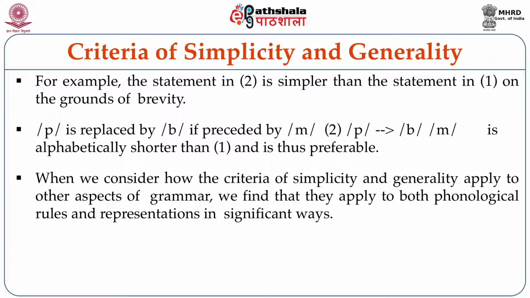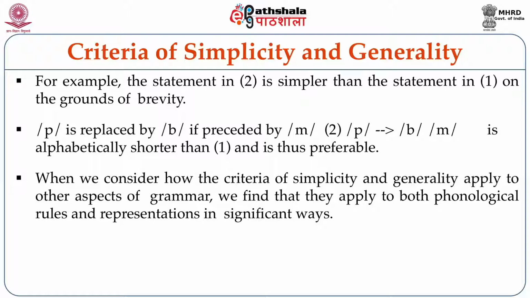For example, in a language in which we have front vowels and back vowels, all the rounded vowels occur among the back vowels, then the feature rounded can be predicted from the feature back. So we say if a vowel is plus back, it is also plus rounded.